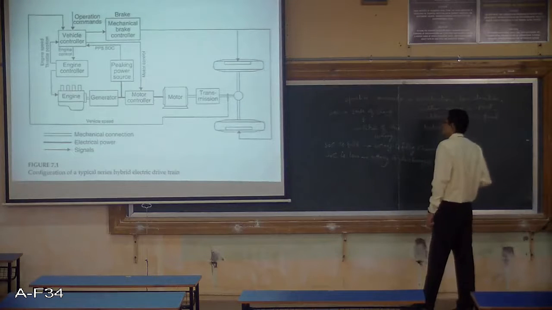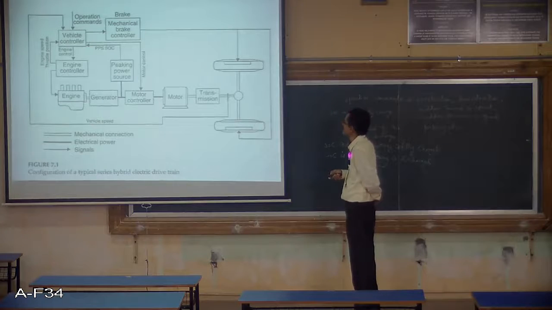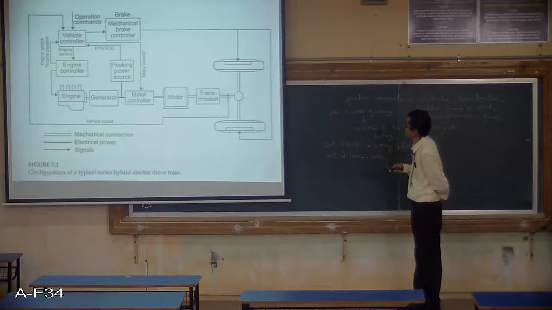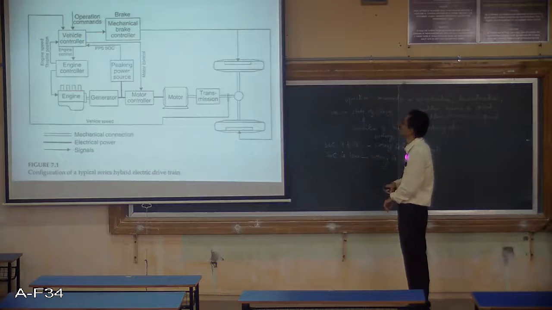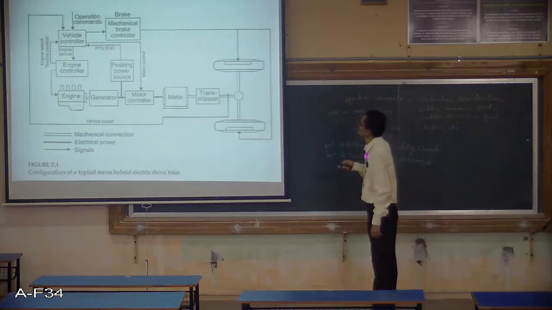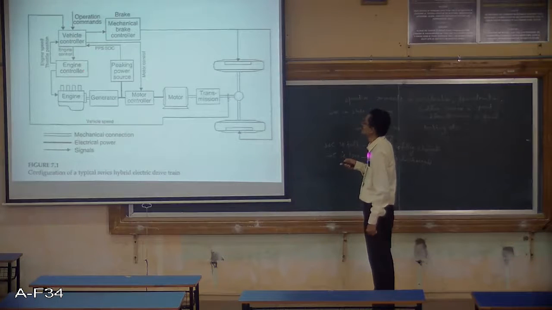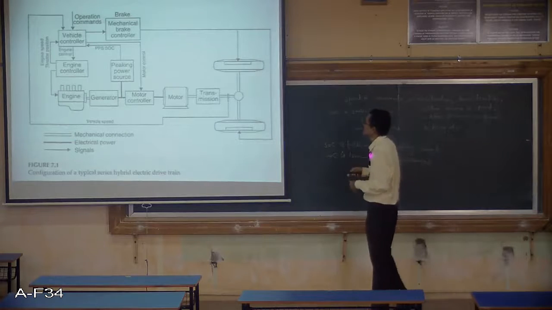So if there are two more wheels at the backside, these two also will be connected with the mechanical brake controller, wherein you have the brakes for the rear wheels also. So this is one thing. Then the output from the vehicle controller is given to engine controller. So engine controller is nothing but the IC engine controller. This is the IC engine.